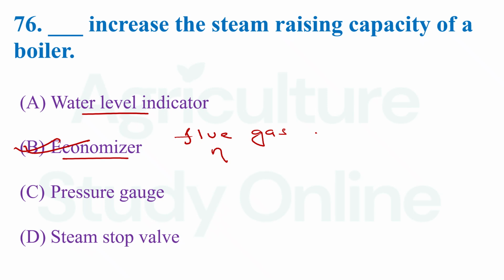Pressure gauge only measures the pressure, so no effect on the steam generation. Steam stop valve basically controls the steam flow, so it does not increase the capacity. So correct option is option number B, that is economizer. Since it will preheat the water, it will save the fuel and increase the steam output.